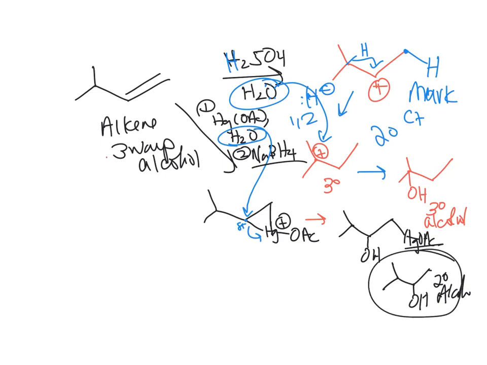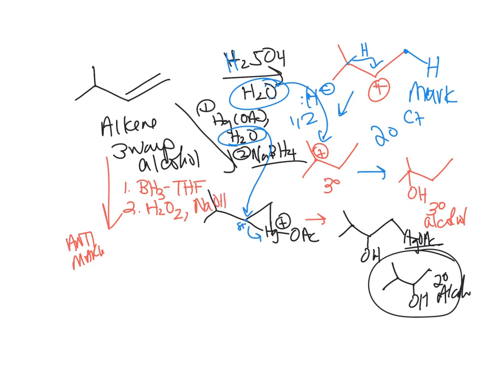And then the other one is the anti-Markovnikov, and that is your BH3. It's usually in a THF solution, tetrahydrofuran. And then you follow up with sodium hydroxide and hydrogen peroxide.